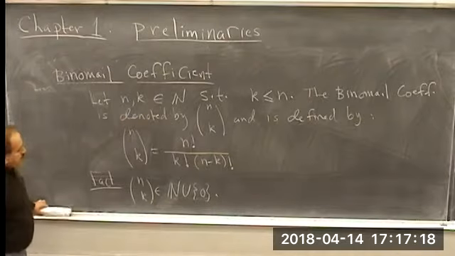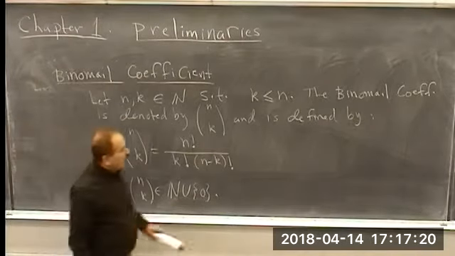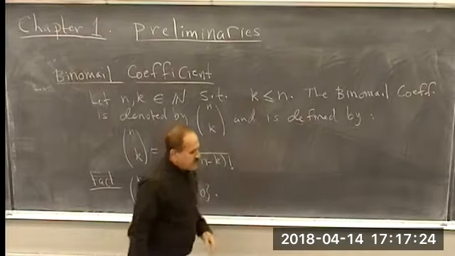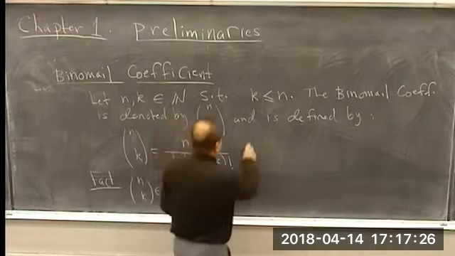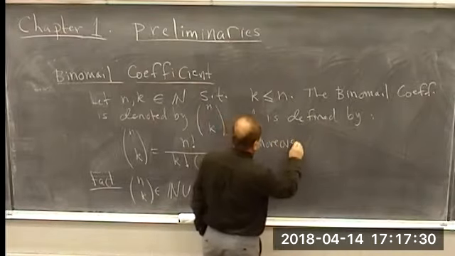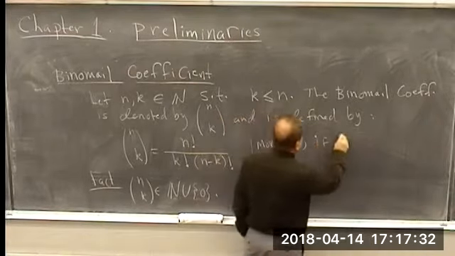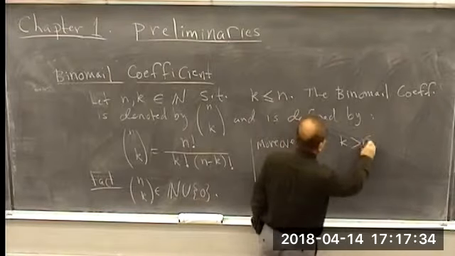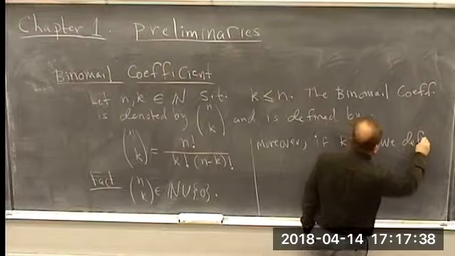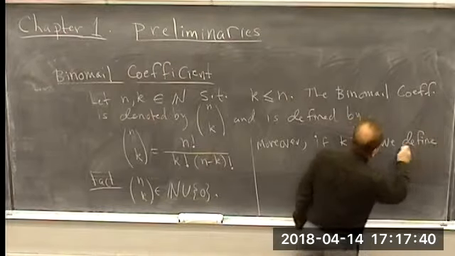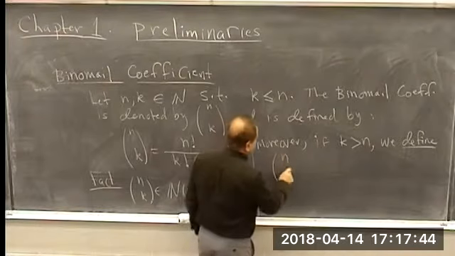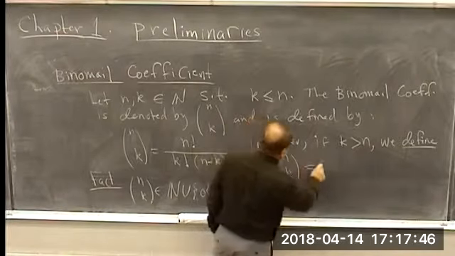All right? I want to also define this when k is actually bigger than n. Moreover, if k is strictly bigger than n, we define, kind of we force this, okay? We define n choose k to equal 0.